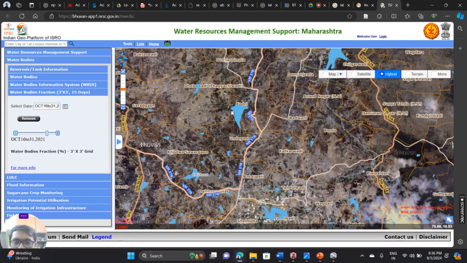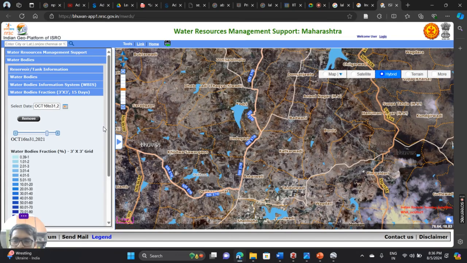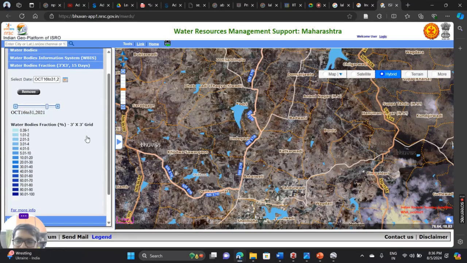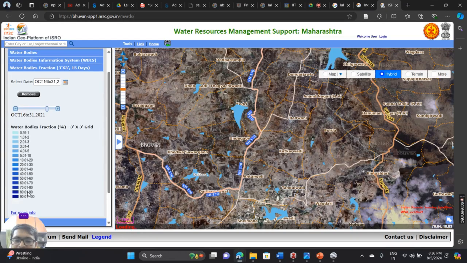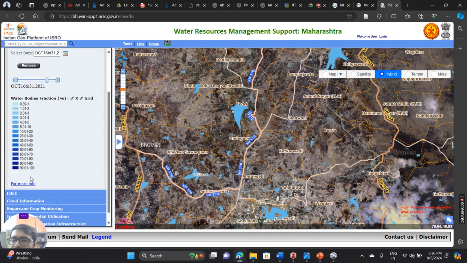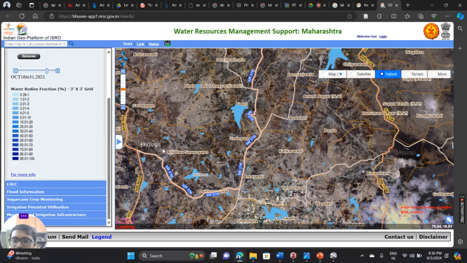It will take some time to load, but you can see how much of that particular water body is still present as of now or at the selected date. If more than 90% of the water body is full, you see darker colors, otherwise lighter colors. It is still loading, so it will take some time to load all this information.